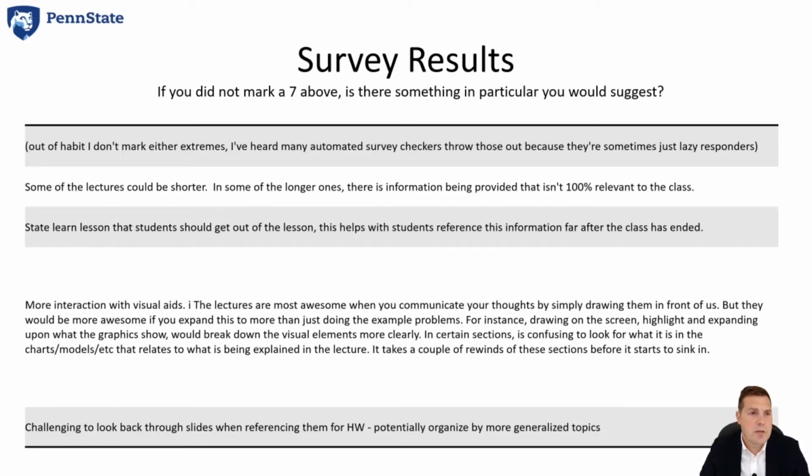The first one says, out of habit, I don't mark either extremes. I've heard automated survey checkers throughout those. Okay, yeah, so these numbers are the same numbers that SRTE uses, and that scale is important because that's how I'm graded by the department.